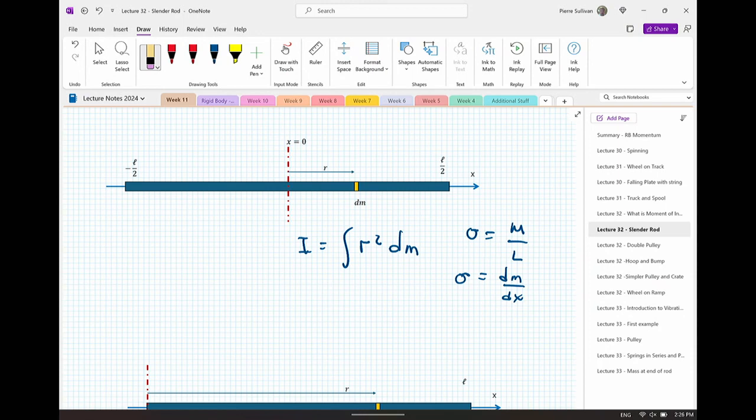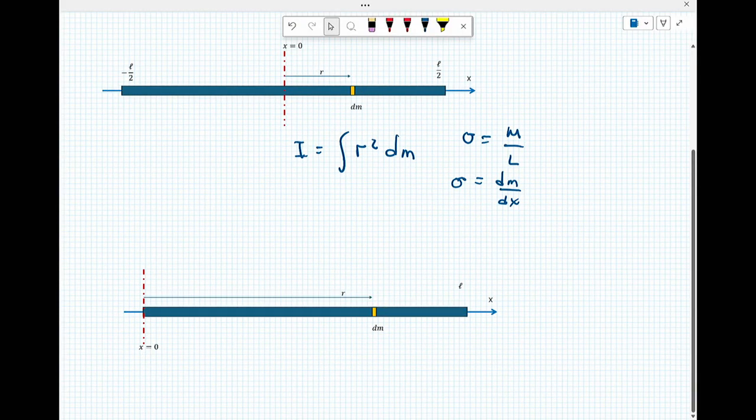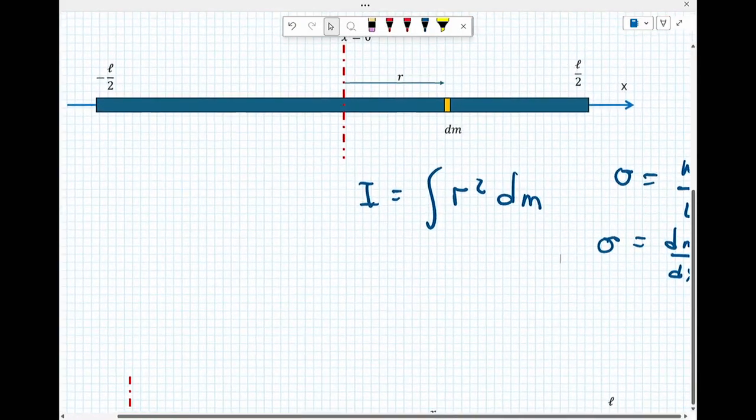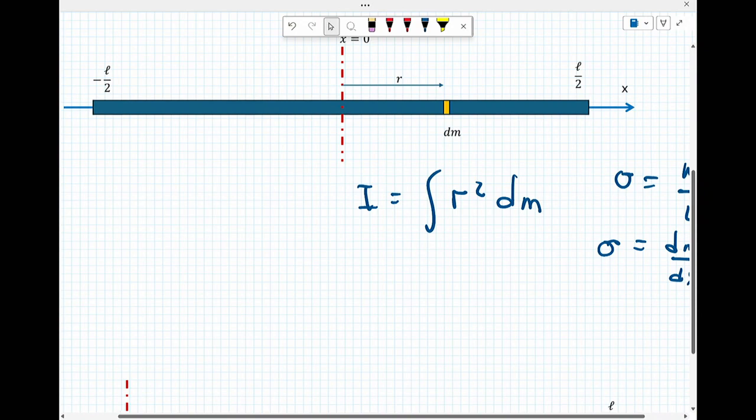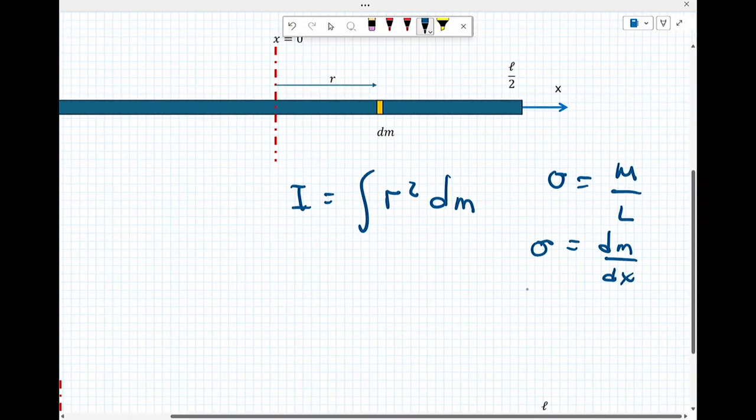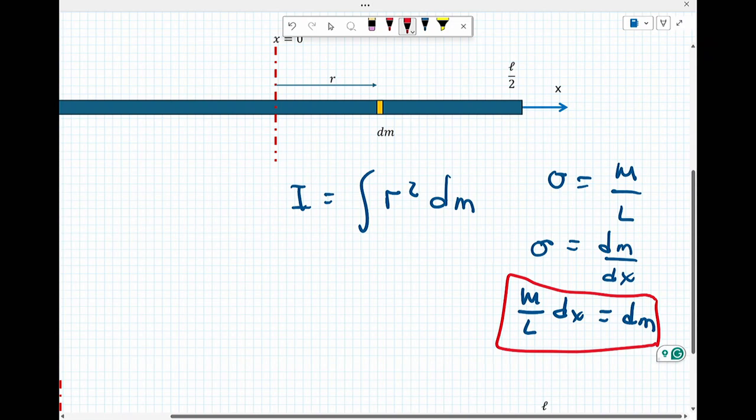It never changes in shape. It never changes in density. So delta is equal to dm dx. And x is just that distance across there. And I can also say m over L dx equals dm. So now I have something I can shove into the integral. So I have r squared, which is defined really as x, and I have dm, which is now m over L times dx.